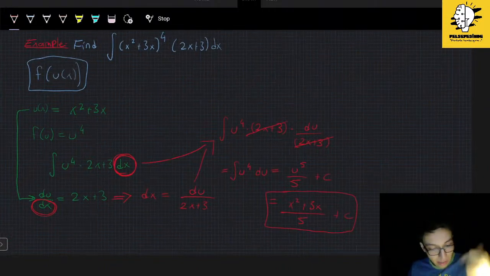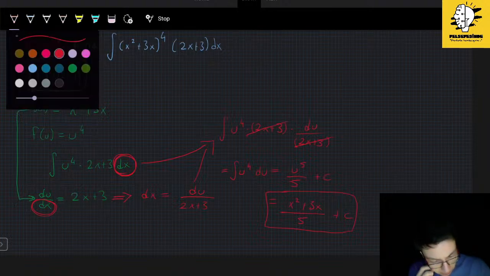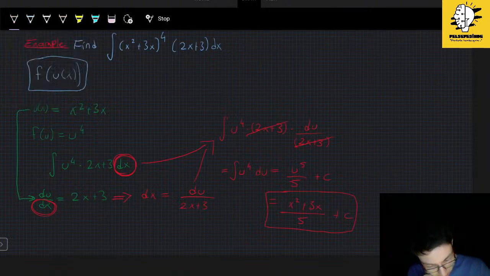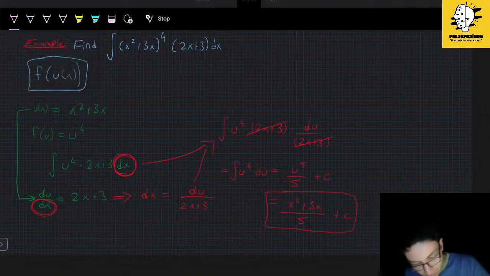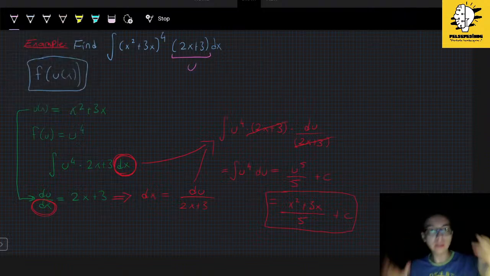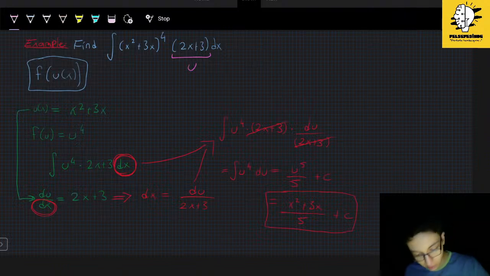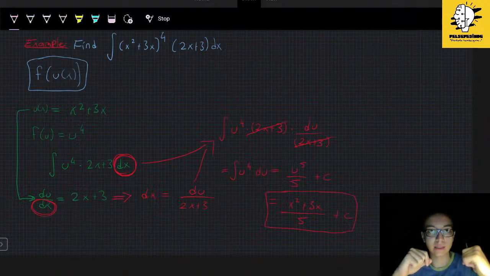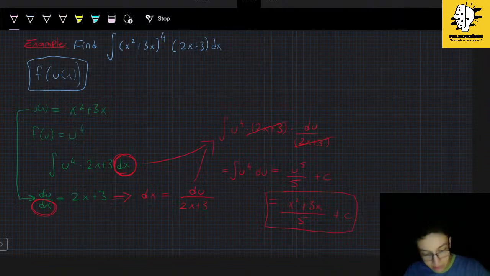Now, I think our viewers may be confused, but let me tell you which one to choose. They may say, okay, but why didn't you say, for example, 2x plus 3 is u? Because in u substitution, the concept that you have to understand is that the derivative of the u that you choose has to be present in the equation.